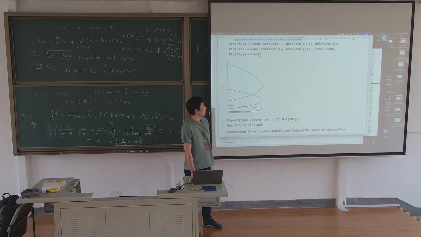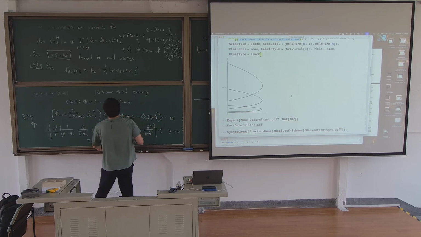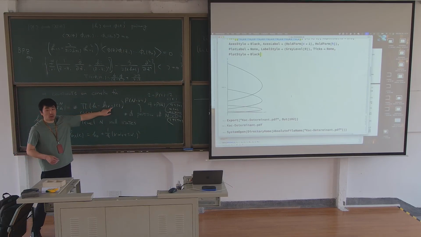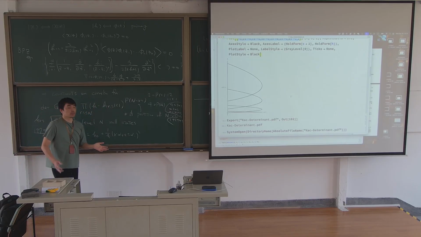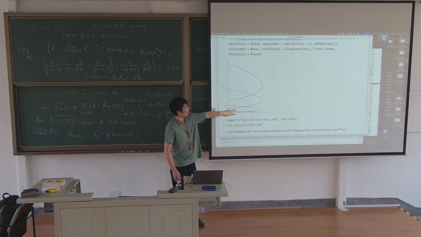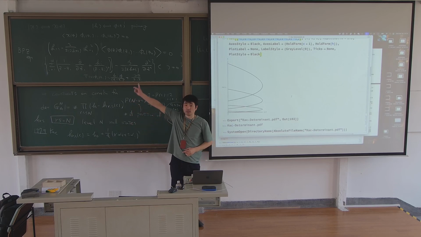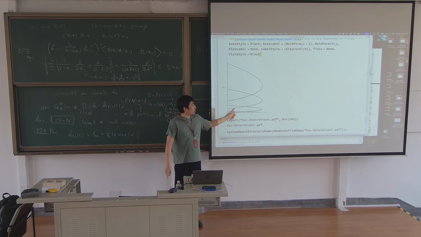So therefore, as you can easily see, the Kac determinant is the product of h minus h_{rs}, right? So once you cross this line, when h is on this curve, the Kac determinant becomes 0. But once you cross it, the Kac determinant changes sign, like plus minus plus minus and so on.